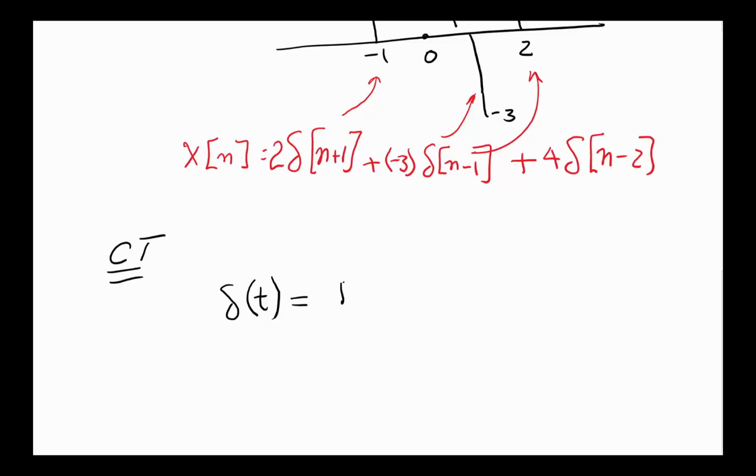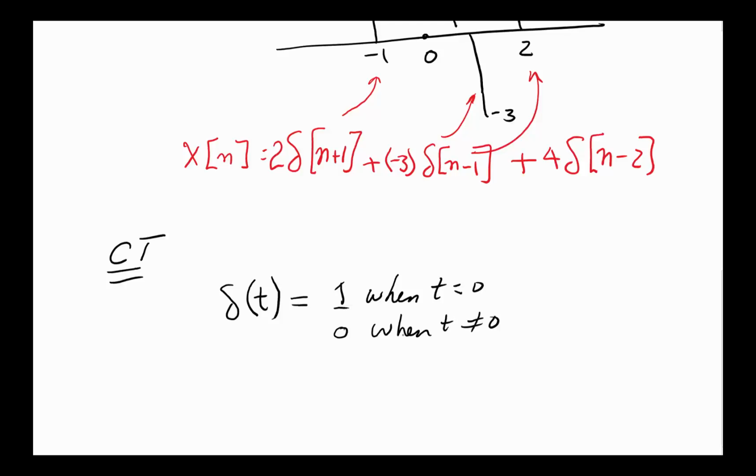It says this is equal to 1 when t is equal to 0. And what we are saying is that the expression within the parentheses is equal to 0. In this case, we just have a t. And it says it's 0 when t is not equal to 0.